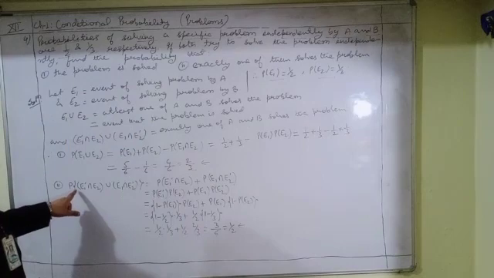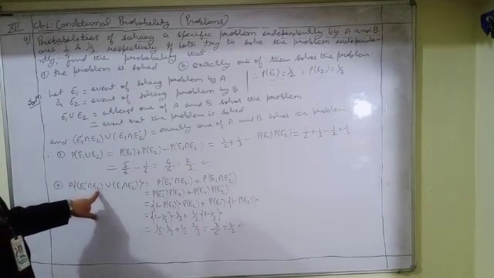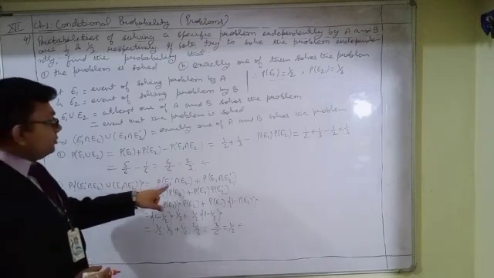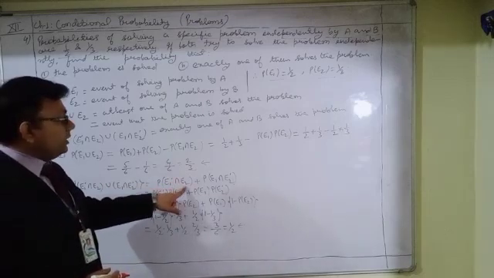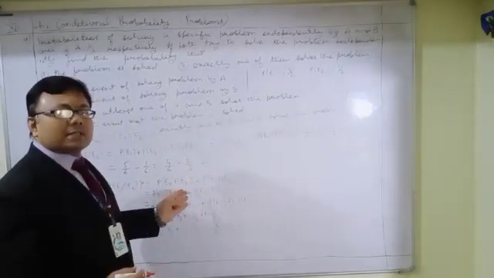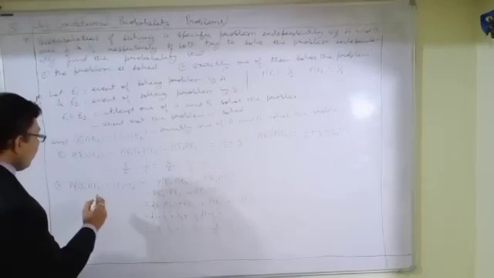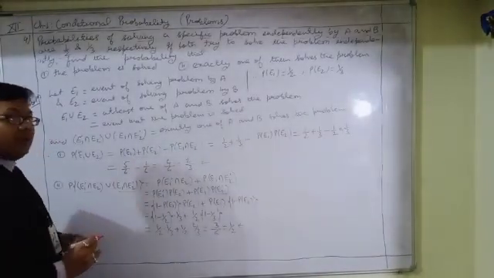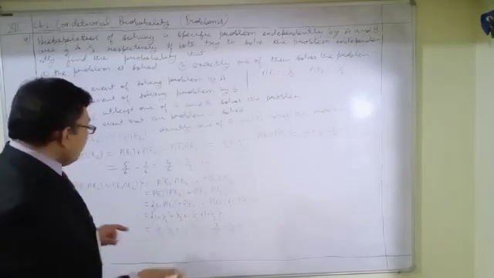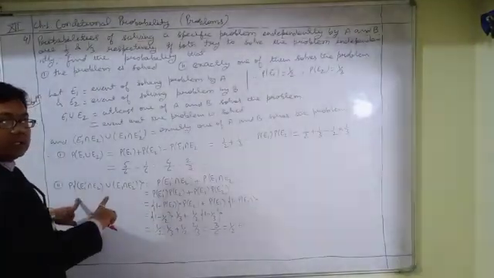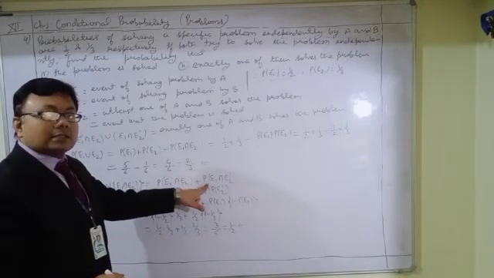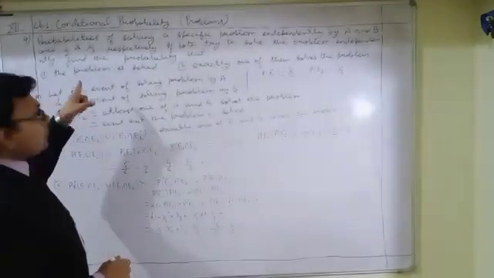For the second part, probability of E1 complement intersection E2 union E1 intersection E2 complement is equal to probability of E1 complement intersection E2 plus probability of E1 intersection E2 complement. Why are we writing this? It is because both of these events are exclusive events, not depending upon each other, and this is obvious from the question.